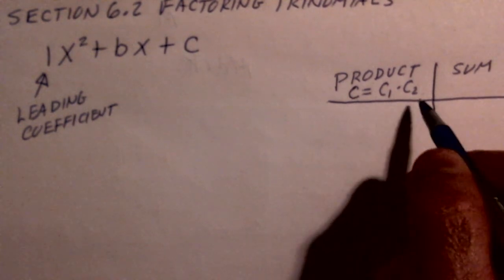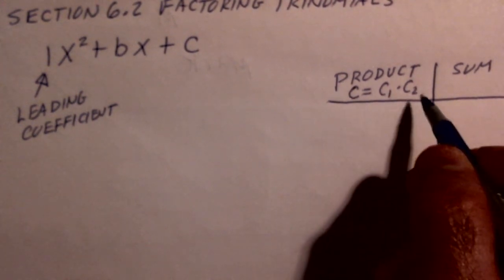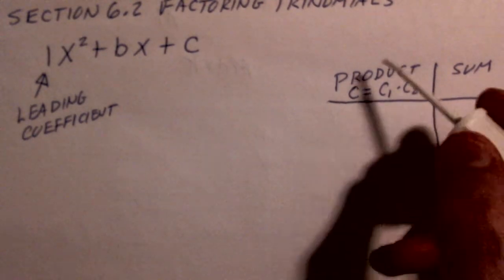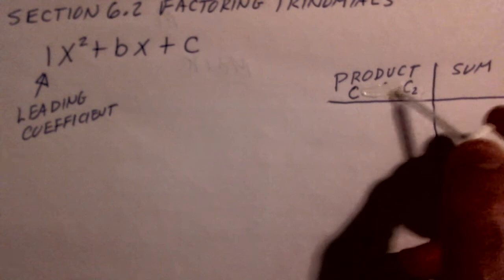So we need two factors that multiply together to give us our constant term here, C, whatever our constant term is.